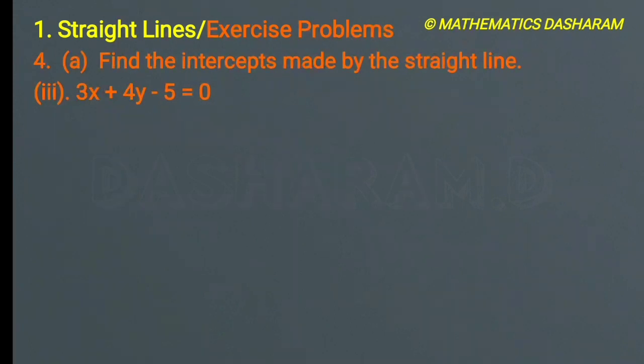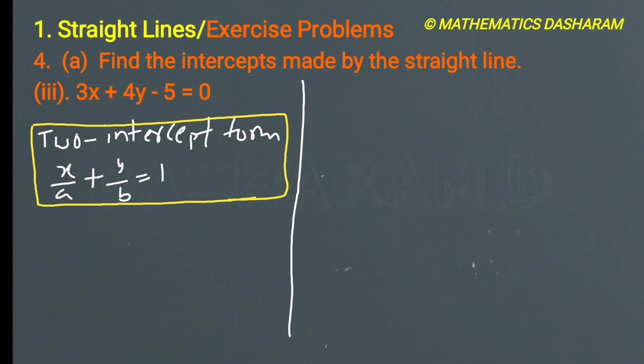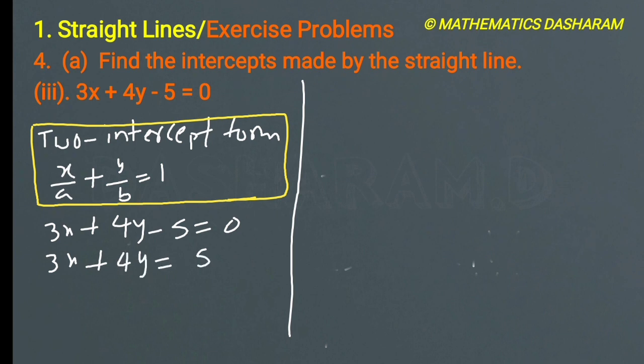Next, the third question is 3x plus 4y minus 5 equals 0. The two-intercept form is x by a plus y by b equals 1. So let's write the given equation, 3x plus 4y minus 5 equals 0. First we need to transpose the constant term to the RHS, plus 5.